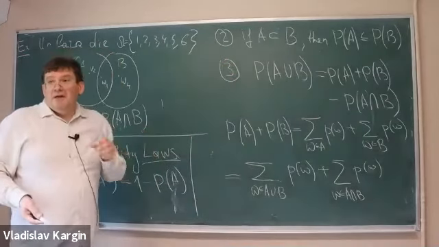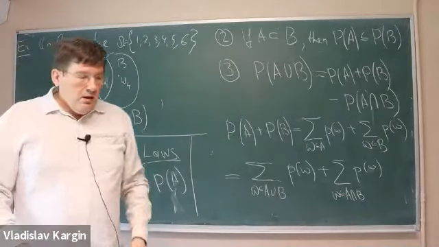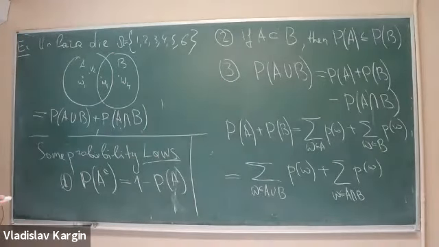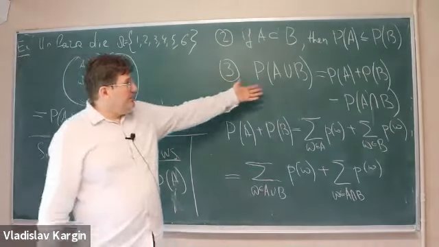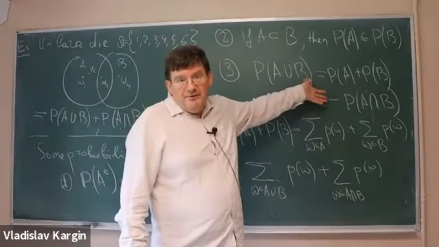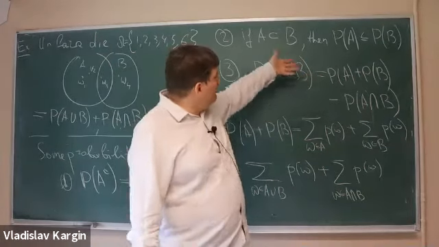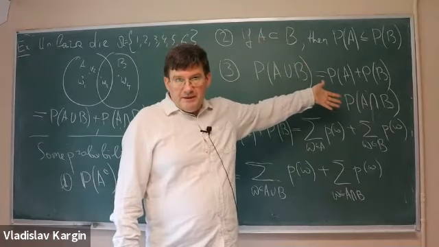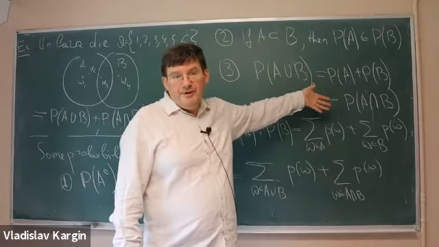In principle, this was a law, but this is a theorem, and you can extend it. What if I want to calculate the probability of the union of three sets?